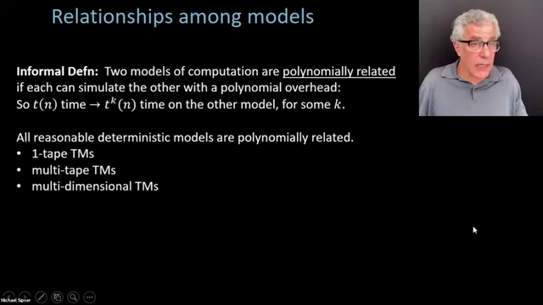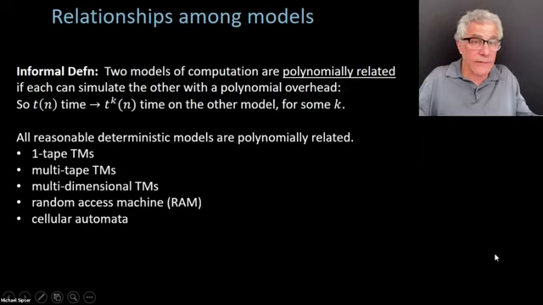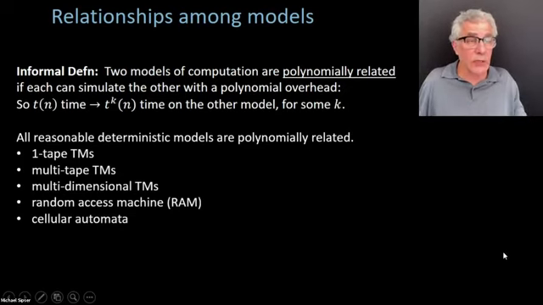Multi-dimensional Turing machines, again, polynomially related. The random access machine, which I'm not going to define, but it's the machine that you might imagine, I'm sure they define in some form in the algorithms classes, polynomially related. Cellular automata, which are just arrays of finite automata that can communicate with each other, similarly.